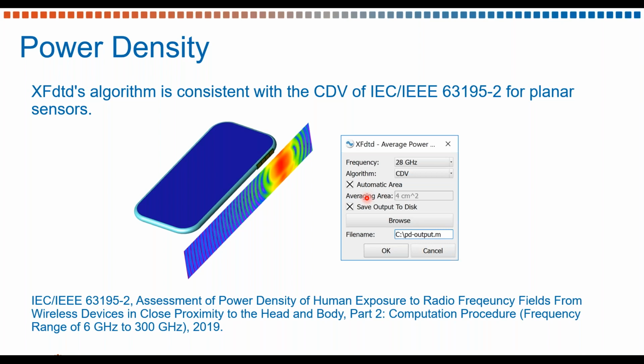This draft is not finalized, but XF is consistent with the most recent draft of the standard, and users can contact us if you're interested in evaluating the power density for planar surfaces. We'd be happy to extend the power density scripts if anyone is interested.